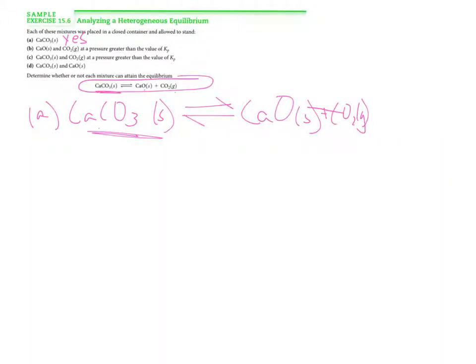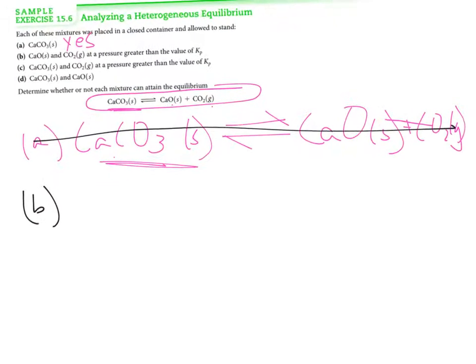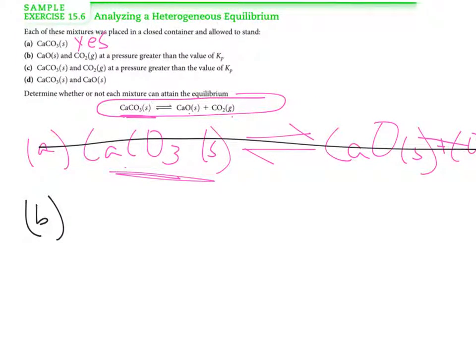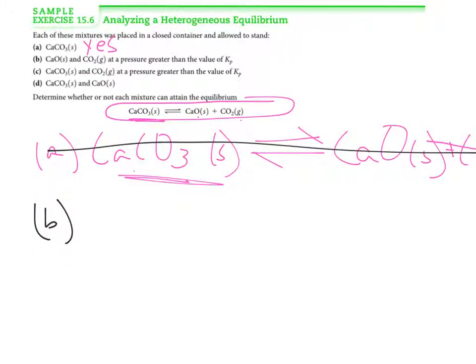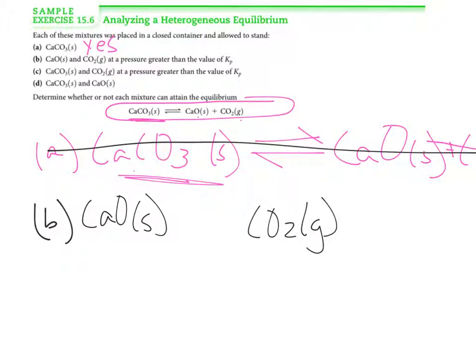Okay, now we're going to consider the second situation, letter B. In letter B, let's make this a little bigger. We have CaO as a solid, and we have CO2 over here, one of our products, and the pressure is greater than Kp.